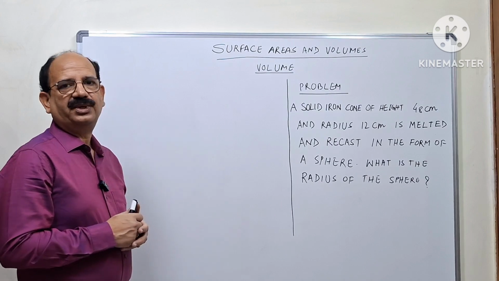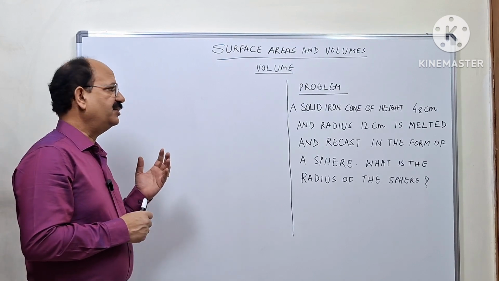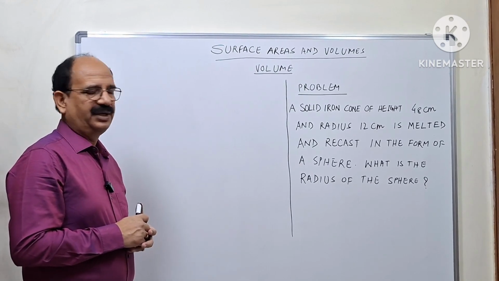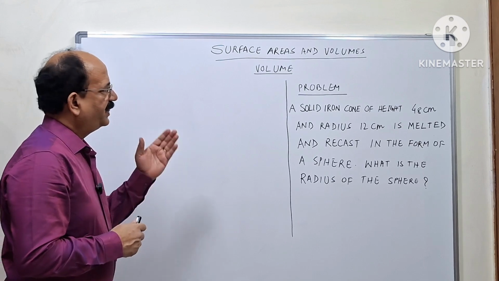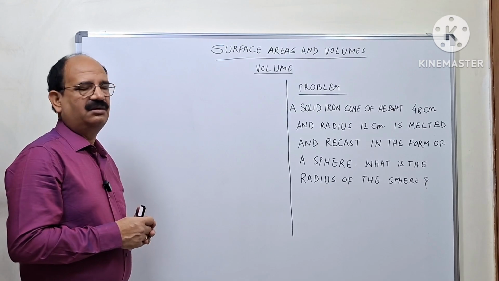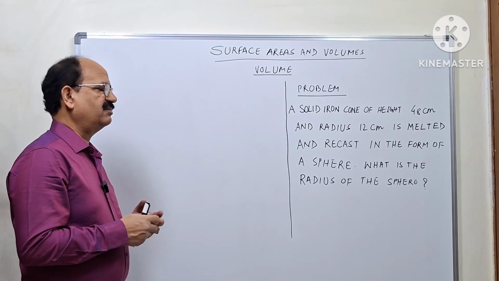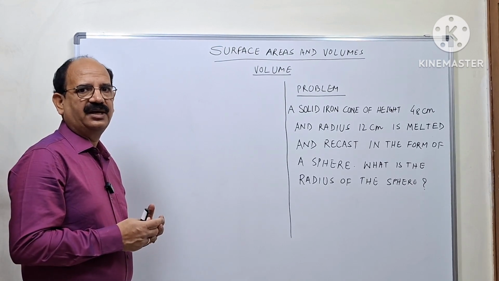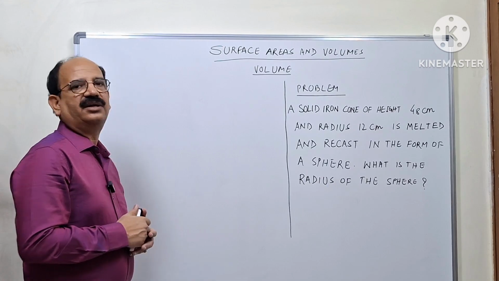This is a situation where it is the material consumed in forming that cone. So the same cone now is heated and melted, and the material obtained after melting has been recast into the sphere.